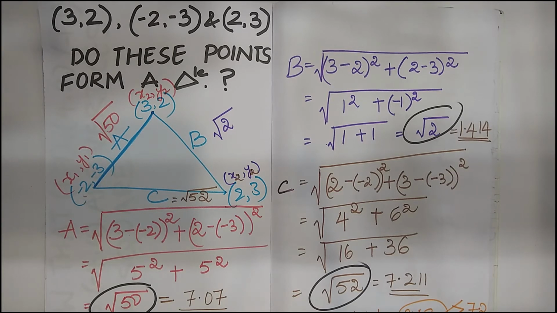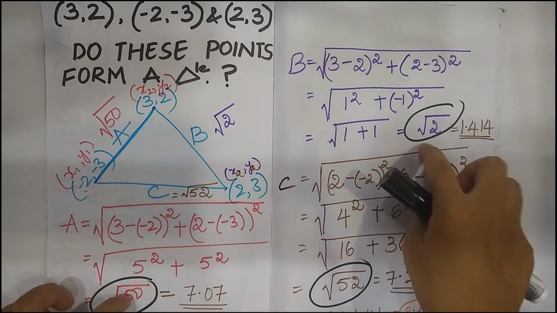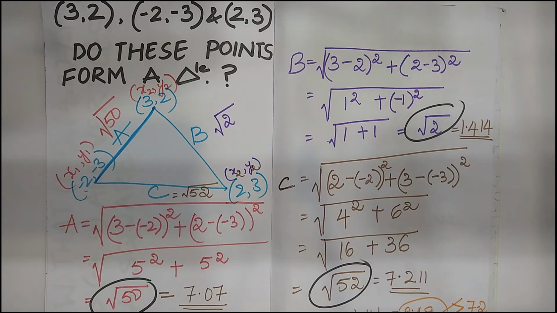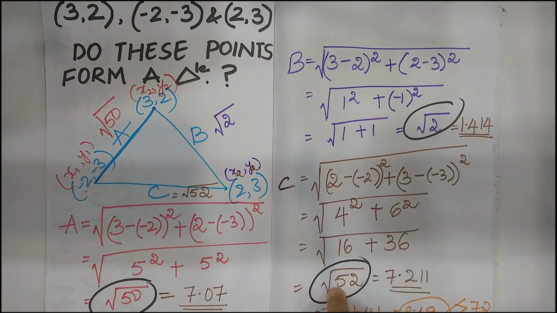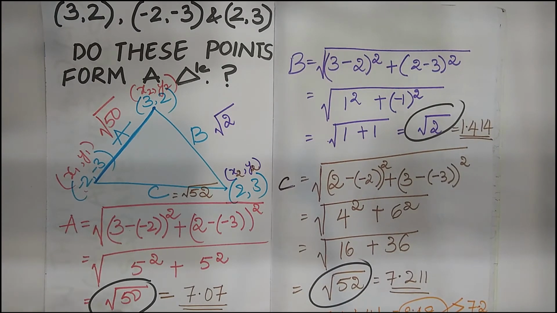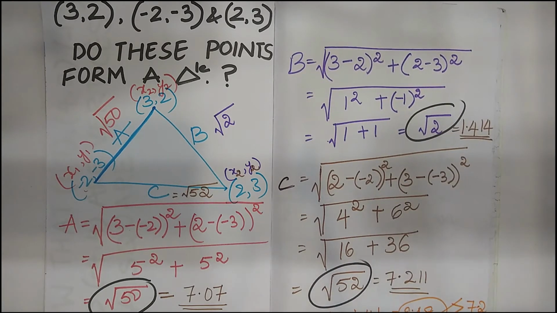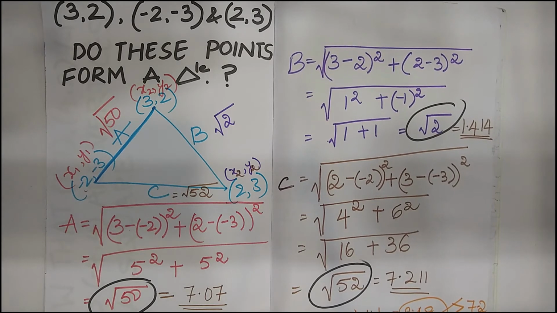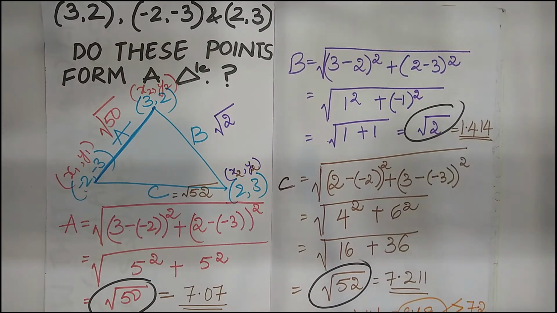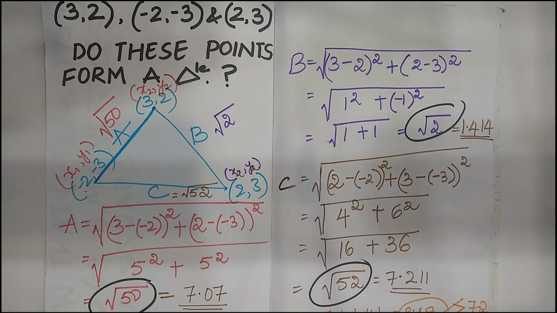So if you observe these three distances here, there is square root of 50, there is square root of 2 and there is square root of 52. Now if you try to square this square root of 50, what will you get? The square and the square root will cancel and it will give you just 50. If you do the same thing to square root of 2, which is square the square root of 2, it becomes 2. And the same thing to this part, it will become 52.